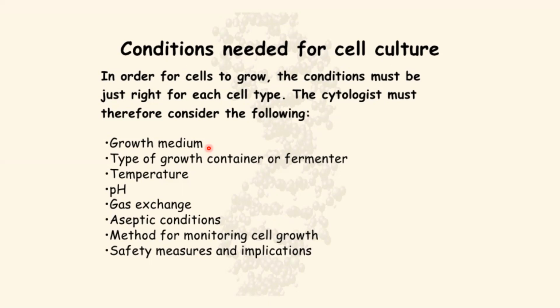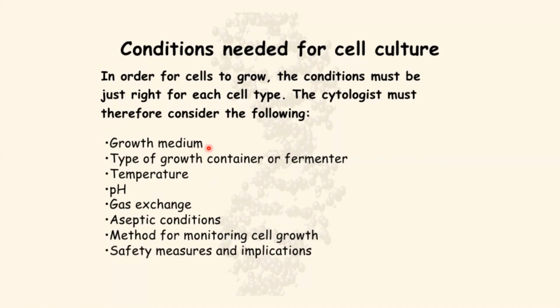The aseptic conditions, very important. If you cannot work under aseptic conditions, contaminants can find their way, because the growth medium is a lot of food supply. So you want to have the conditions aseptic, sterile, so that only the candidate cells survive and grow without any interference from the contaminant cells.